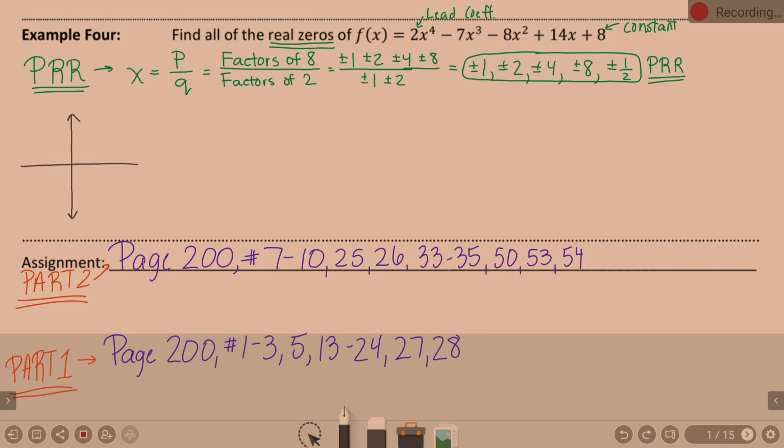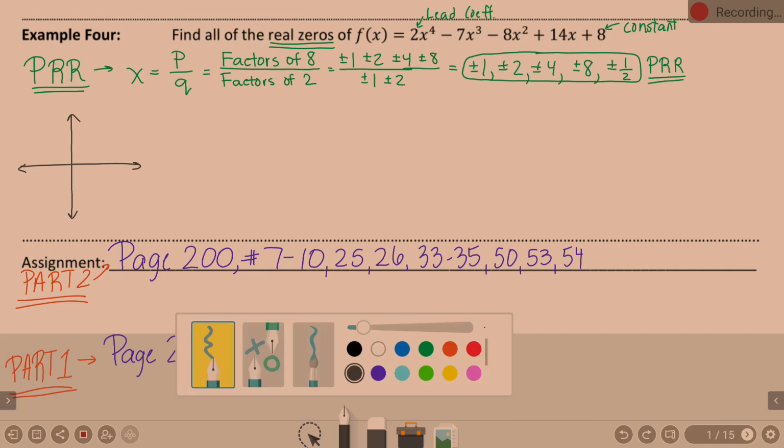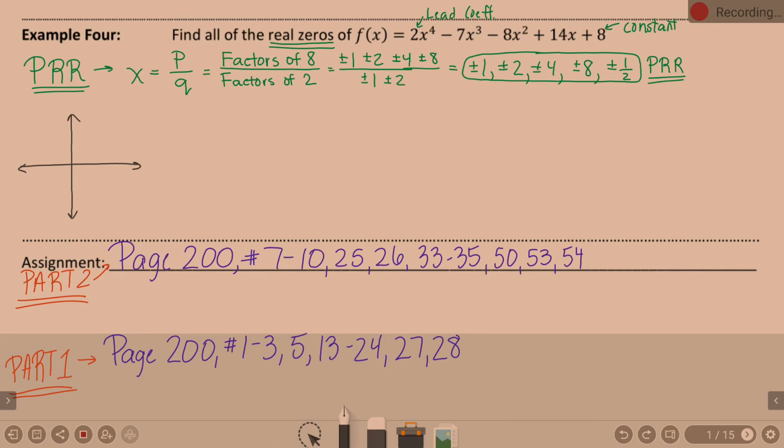And so, if I look at my graph, what's it look like is going on? Looks like we kind of have a big W thing going on. And if we just eyeball it, it looks like it crosses maybe at 4. Something between 1 and 2.